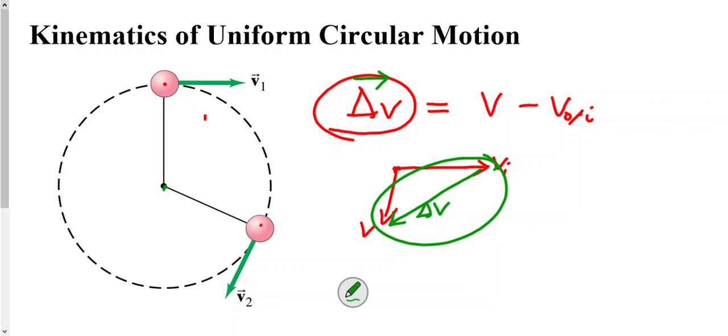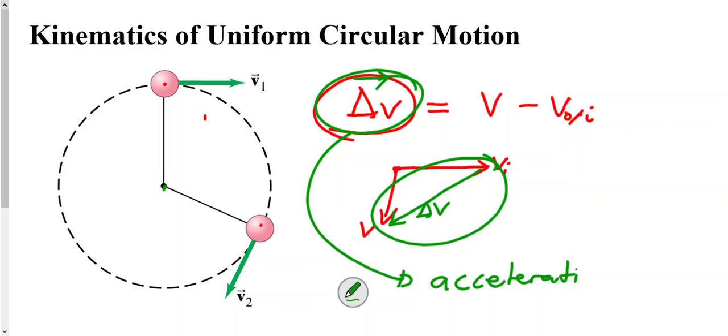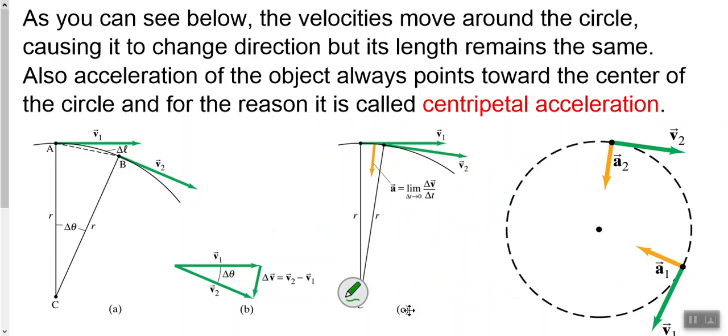Given that, we know that the object is accelerating, because a change in velocity over a certain time, it will spend some time to travel, therefore it's accelerating. As you can see here, the velocities move around the circle, and as the velocity gets closer, we will see that the acceleration points towards the center.